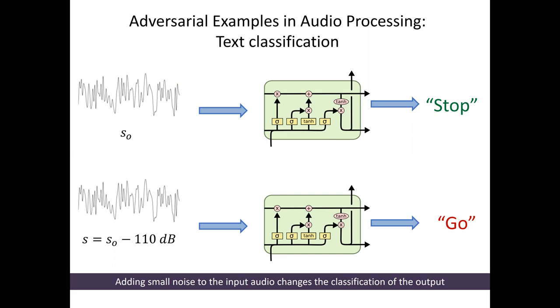It would go through some preprocessing, then it would get fed to the deep model, which could be some LSTM, which would make a classification decision. And once again, I can try to fool the model by changing the volume, the decibels in this case, of the original sound recording, right?